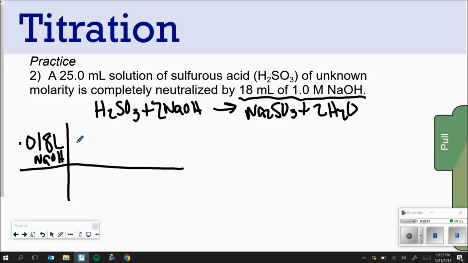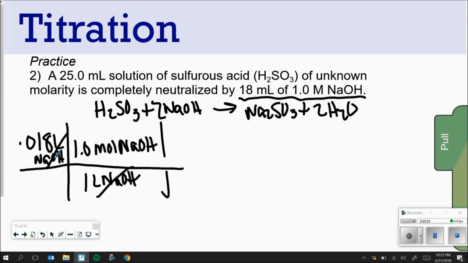Use my molarity to convert. So 1.0 moles of NaOH is 1 liter of NaOH. Now that I'm at moles, mole-to-mole ratio, do that stoich: 2 moles of NaOH for every 1 mole of sulfurous acid.